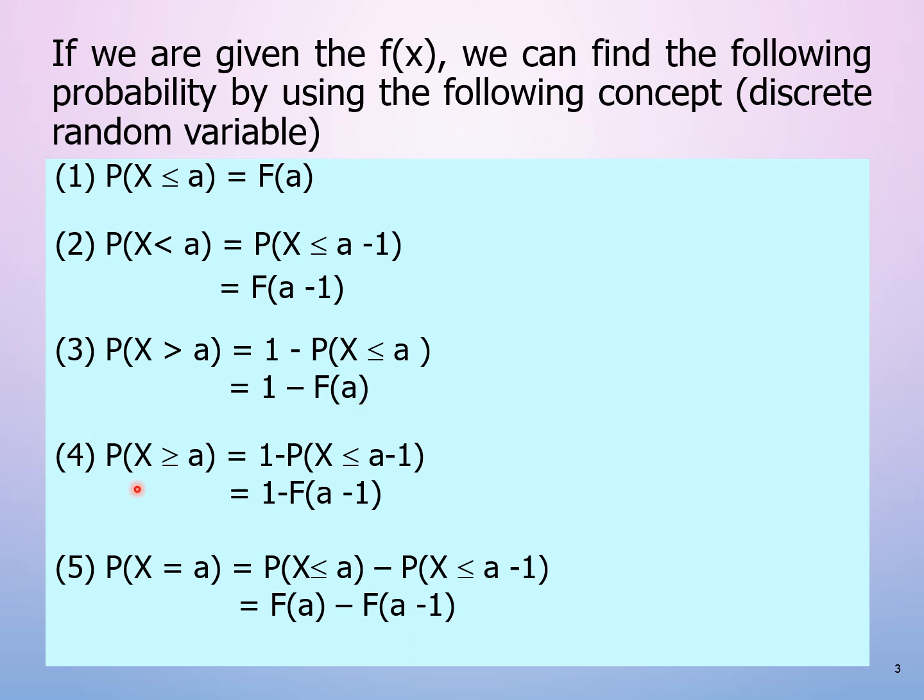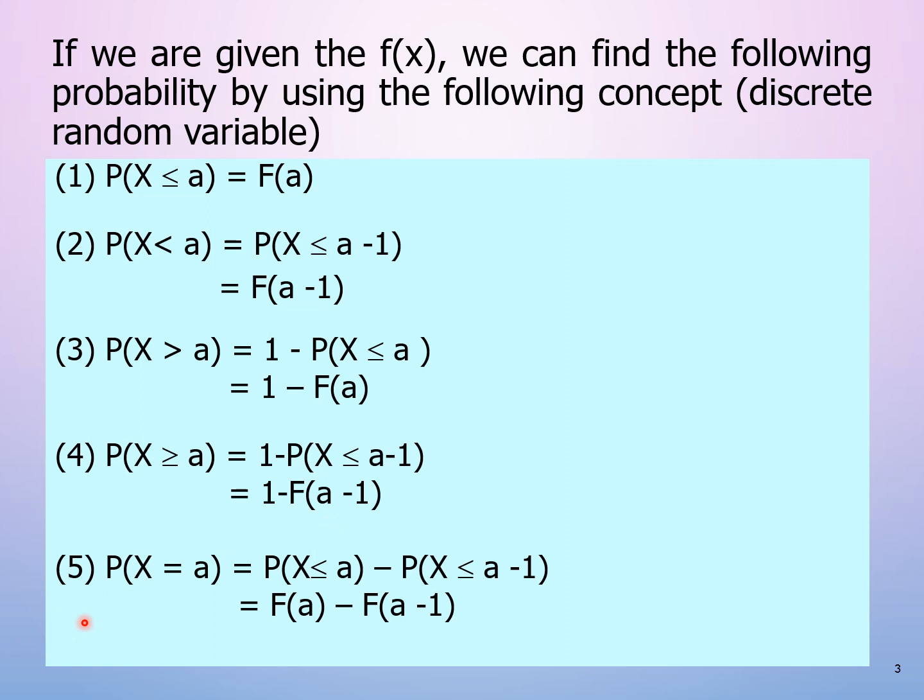Number 4, probability X greater than or equal to a is equal to 1 minus probability X less than or equal to a minus 1. So you will have 1 minus cumulative of a minus 1, since this one we just follow it, cumulative of a minus 1.